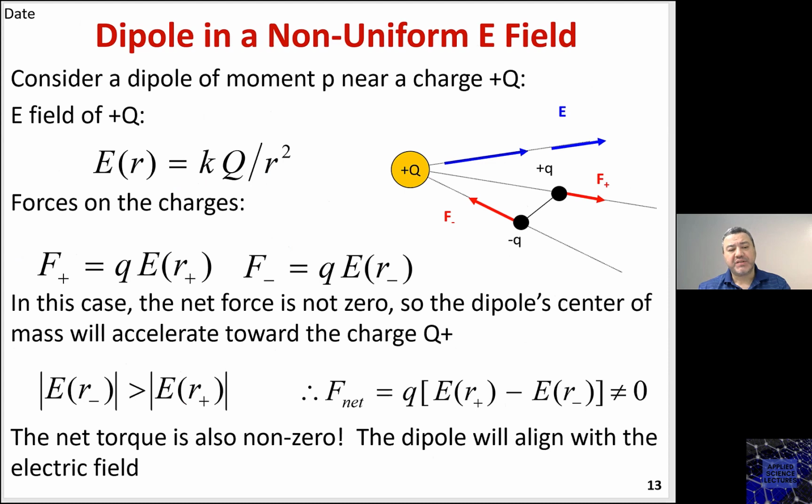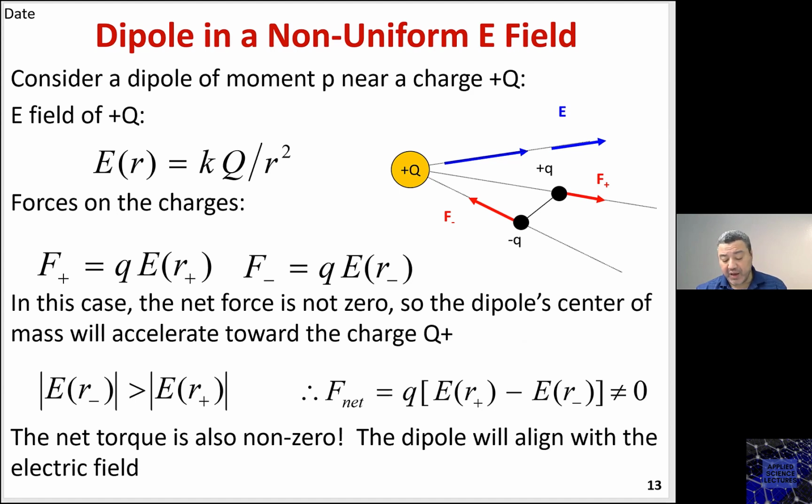Now, what happens if this electric field was non-uniform due to a point charge? As you can see, once you go further away from this charge, the electric field becomes weaker, and as a result, the induced force on any charges becomes less.